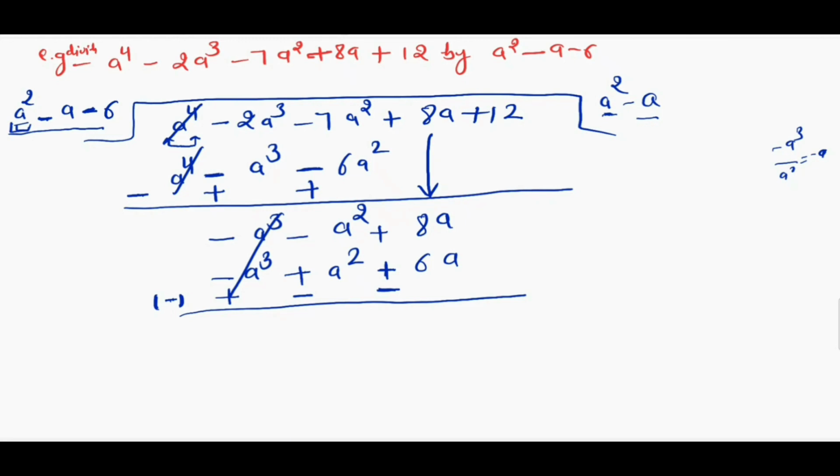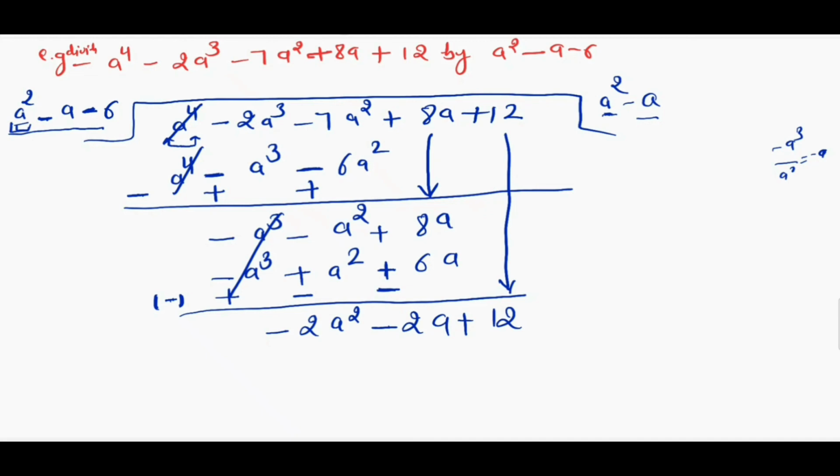Now negative a square minus a square will become negative 2a square. So this is 8a minus 6a, I will have to subtract 6a from 8a, which gives 2a. After that, last I will take this 12 down like this.